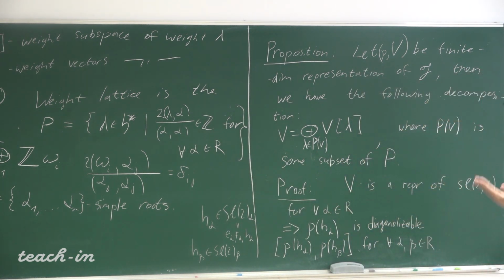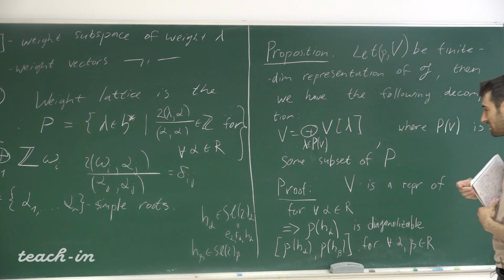The idea here is simple. If you have a Lie algebra and its representation, and you take any subalgebra inside, then this representation is also a representation of the subalgebra. You don't need to care about all this direct sum stuff; you might think about it in your spare time.